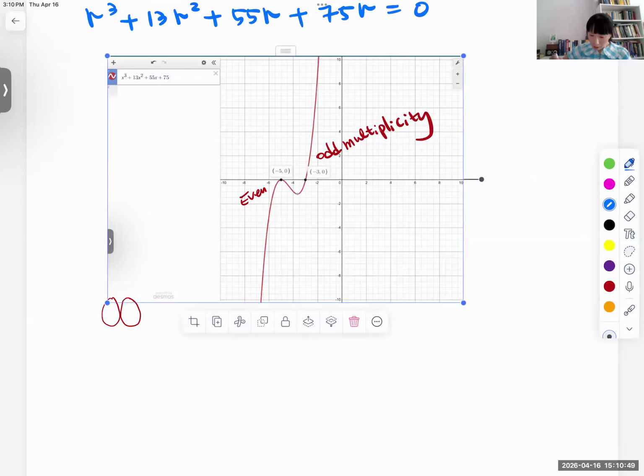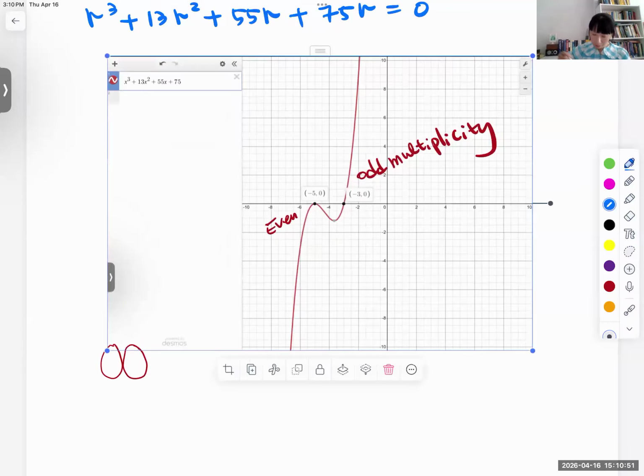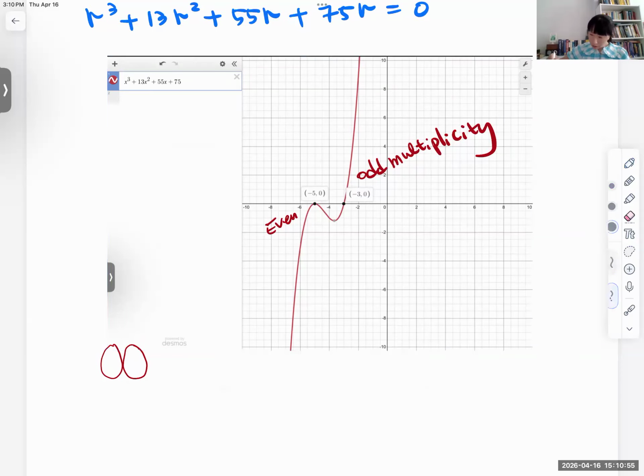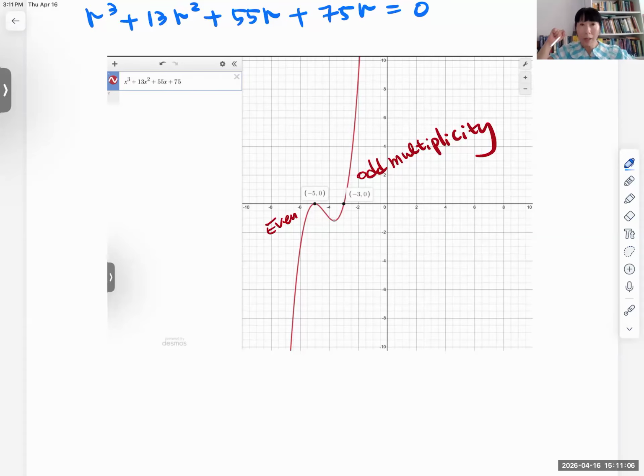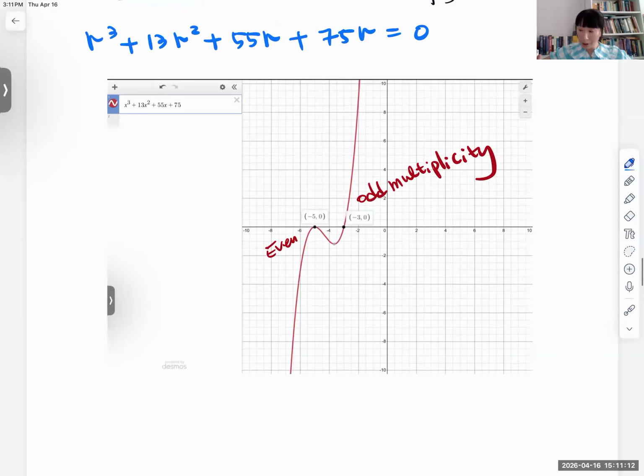Okay, now we have -5, and then -3 there, right? But then we knew that there is a third one because it's r cubed, right? Okay, then how do we determine, right?